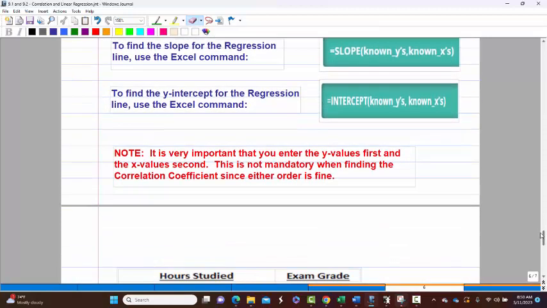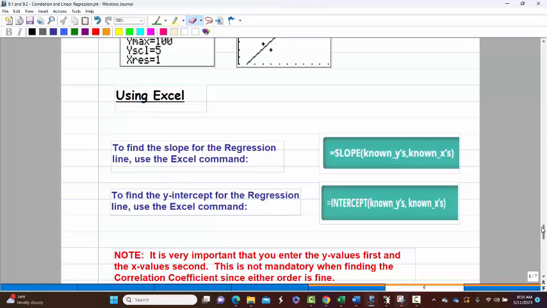Now, using the Excel commands. Slope. Okay, that gets you your B1. So pretty basic wording there. I like that. Intercept. That's your B0, which is your Y-intercept. But here's the key. I've mentioned it in red.